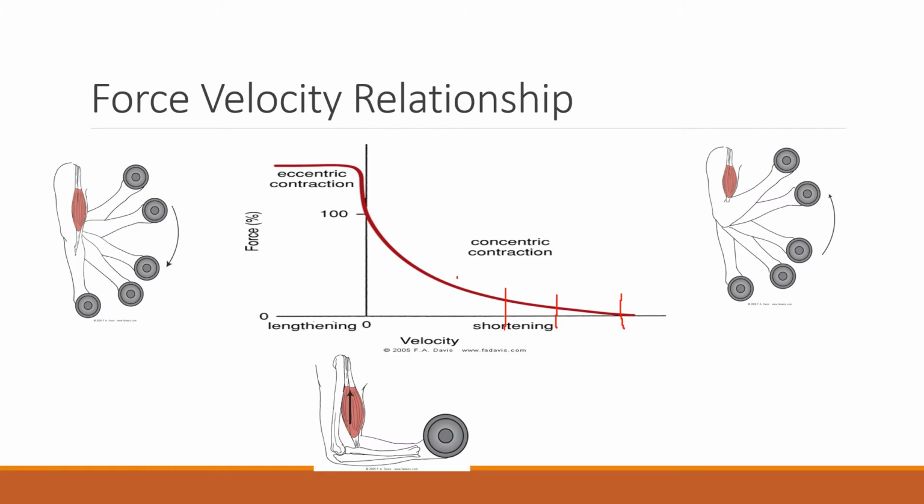Over here we're getting slower and slower in the concentric muscle activation range until finally we get to the isometric activation range. So we see that isometric is actually in between eccentric and concentric. Here we're slowing down, slowing down, slowing down until finally there's no movement at all. That is isometric. Now, what we start with is slow eccentric.